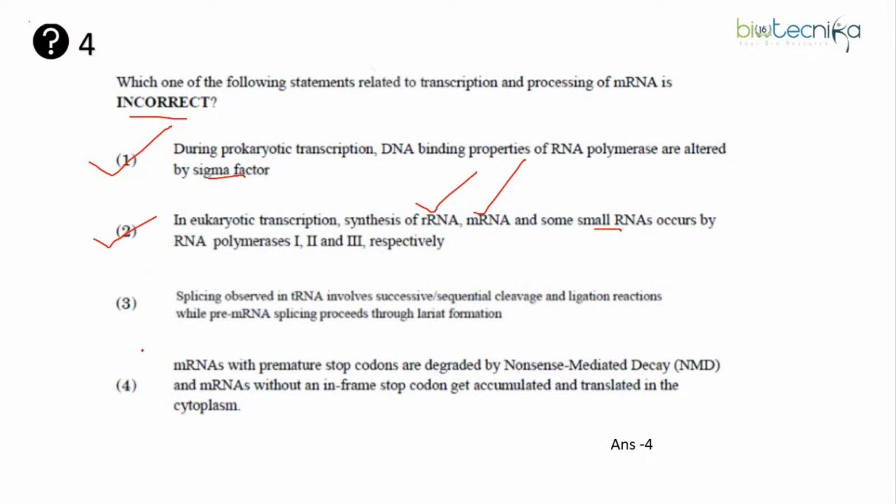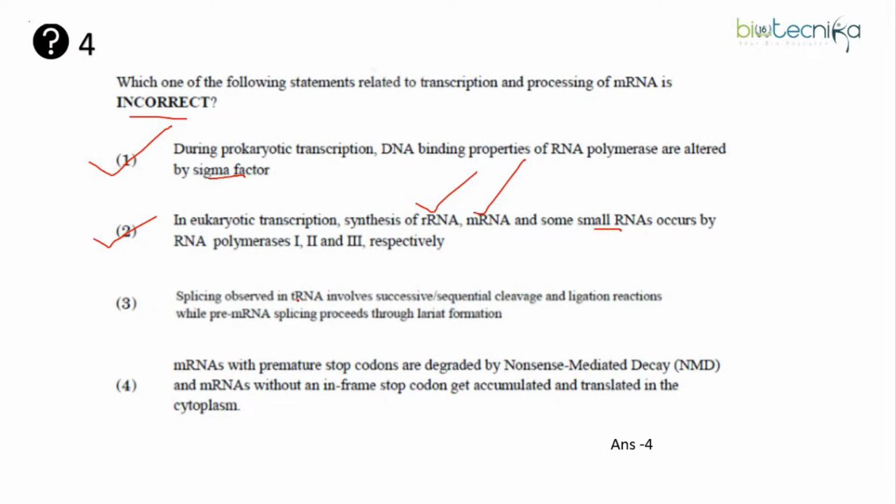Next, you have statement 3. Splicing observed in tRNA involves successive sequential cleavage and ligation reaction, while pre-mRNA splicing proceeds through lariat formation. So, as we have seen in tRNA processing, you don't have a proper splicing mechanism.